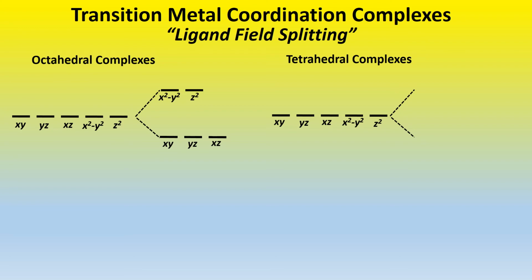In this case, xy, yz, and xz are directly exposed to the ligand electrons and get pushed to a higher energy, and x squared minus y squared and z squared get dropped to a lower energy, so that the total net change is 0.